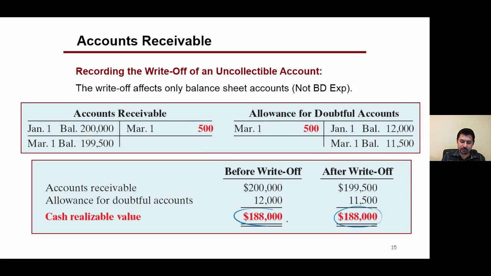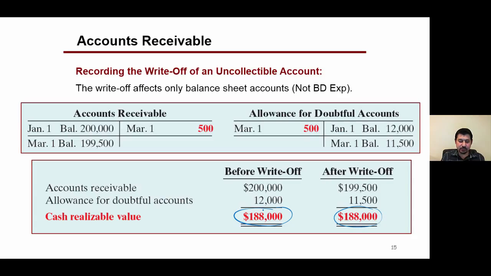This is to say that the cash realizable value of accounts receivable will remain the same before and after the write-off, because the journal entry decreases both accounts. It decreases accounts receivable by the amount that was written off, and it also decreases allowance for doubtful accounts by the same amount.